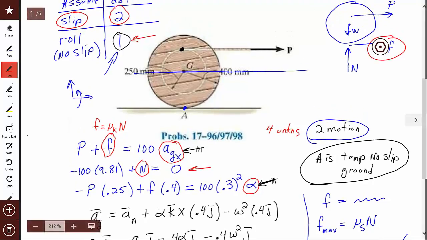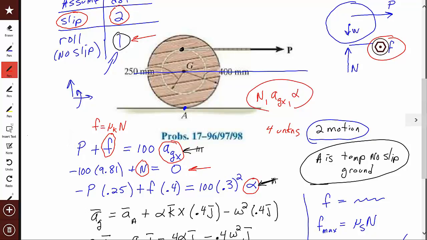But basically then this friction force is no longer an unknown, and so your unknowns are going to be the normal, the acceleration of G in the x direction, and the acceleration alpha. So you'll have 3 unknowns, and you'll have these 3 equations. What happens to this special points equation? It doesn't exist. It isn't there. Why? Because it's 2 degrees of freedom, and you should have 2 accelerations.